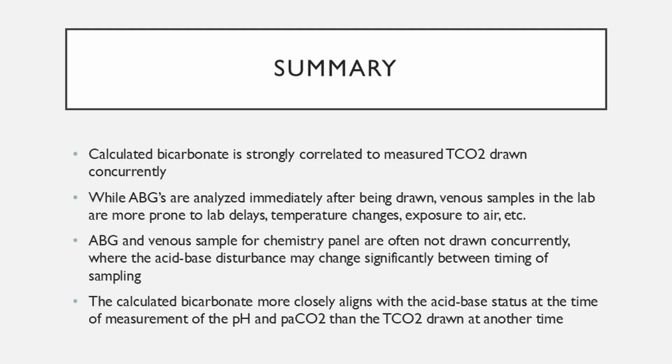In summary, when drawn concurrently, the calculated bicarb is very strongly correlated to the measured total CO2. These aren't often drawn concurrently, and the acid-base status could change significantly during the period between these two being drawn.